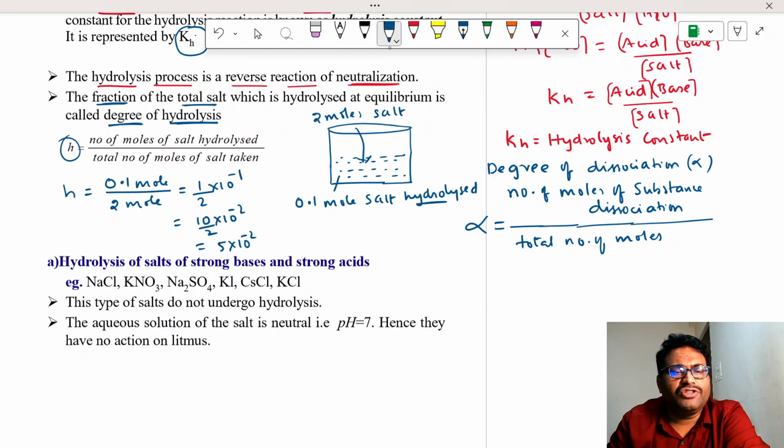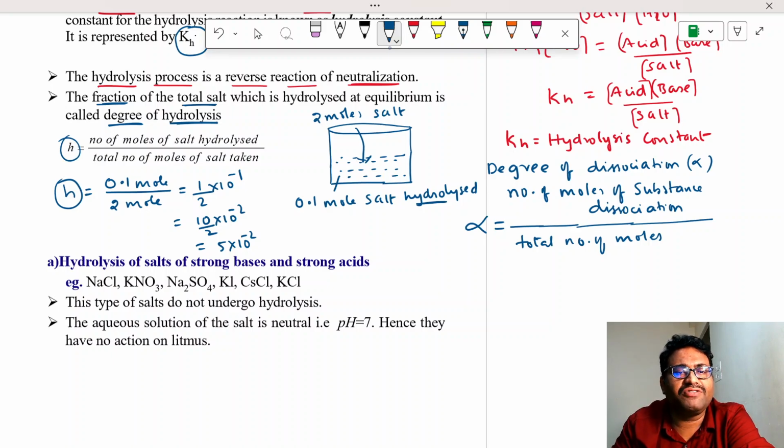Understood? So what is h called? H is called the degree of hydrolysis. In chemical equilibrium, we have studied the equilibrium constants Kc and Kp. As this process is hydrolysis, we study it as the hydrolysis constant.